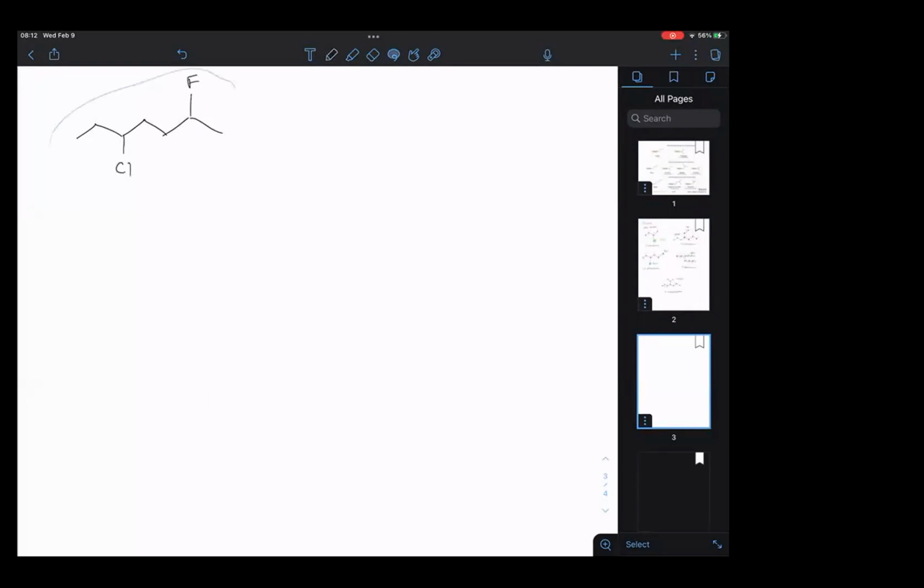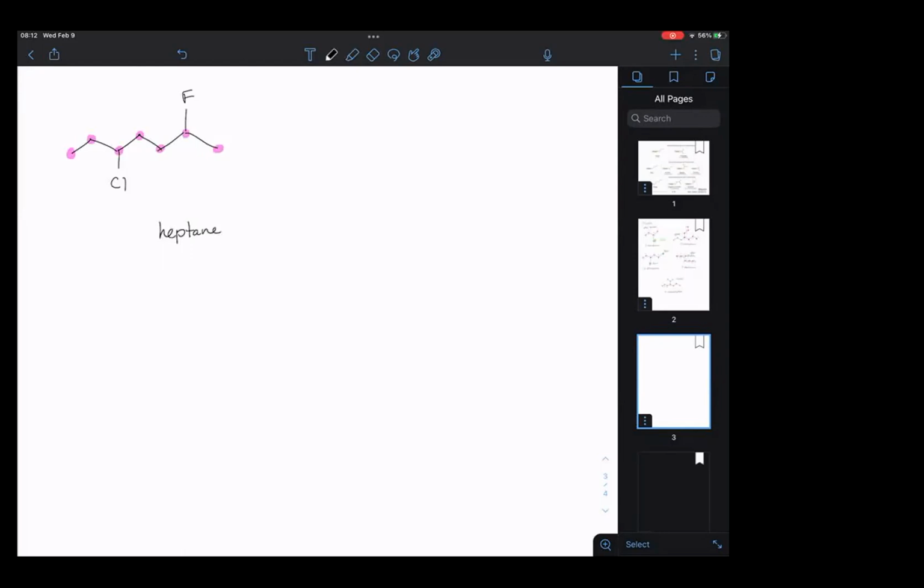How do I name this compound that has these two different substituents? First few steps are all the exact same. You're going to go through and find your parent chain. 1, 2, 3, 4, 5, 6, 7. So my parent chain is a heptane.